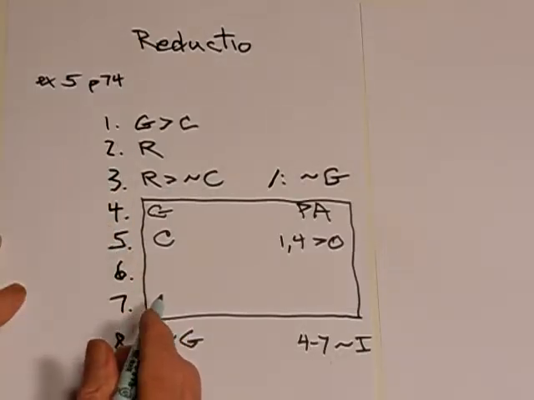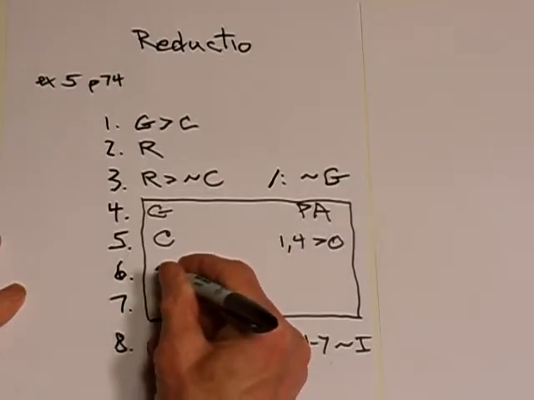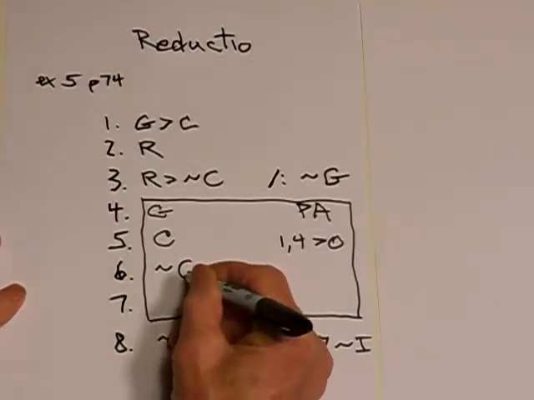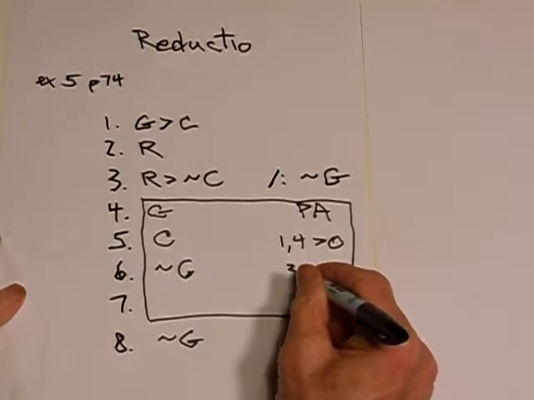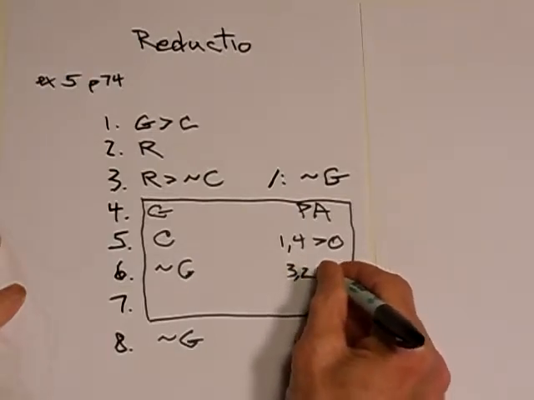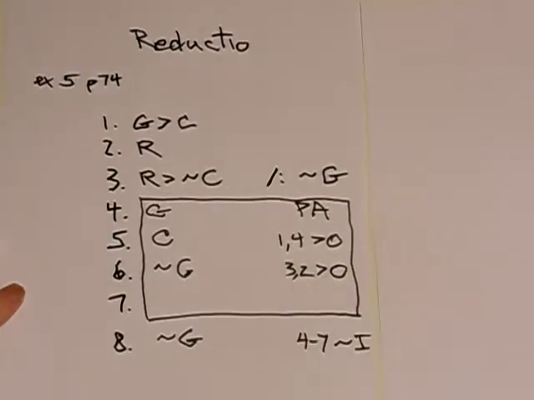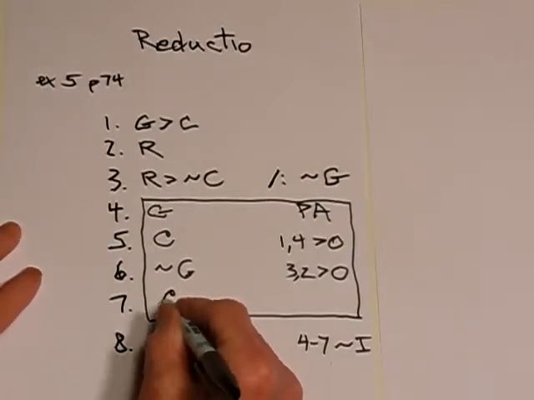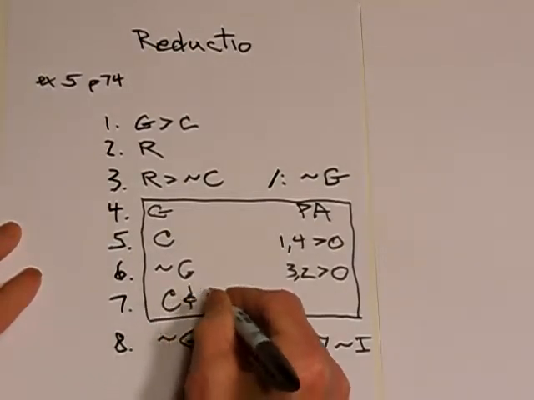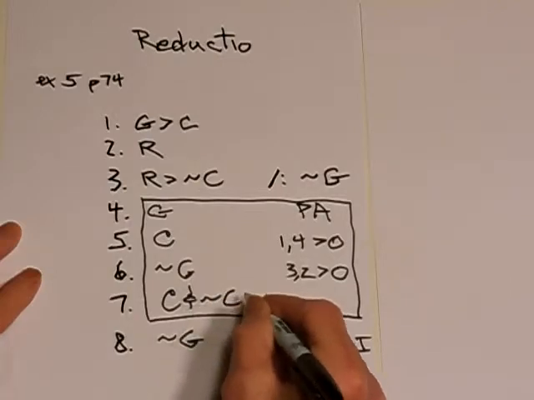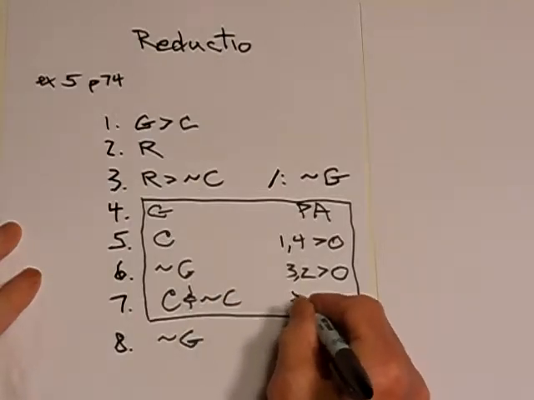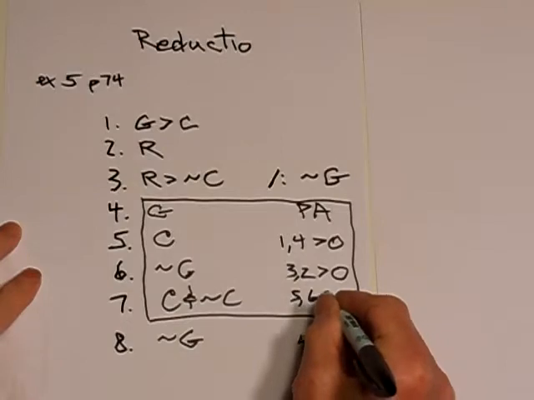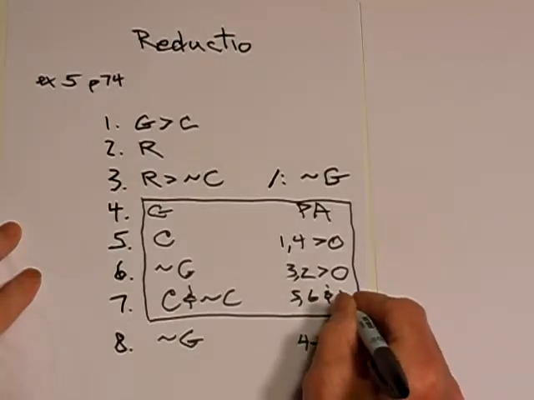From lines 3 and 2, we can get not C, similarly by arrow out. And there we have in lines 5 and 6 pieces that we can combine by and in to get C and not C by 5, 6, and in.